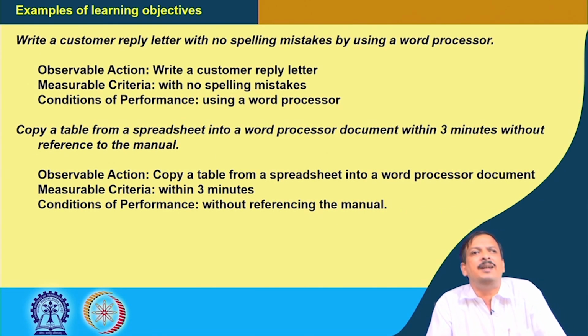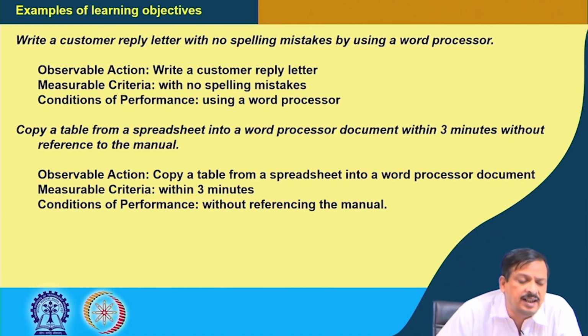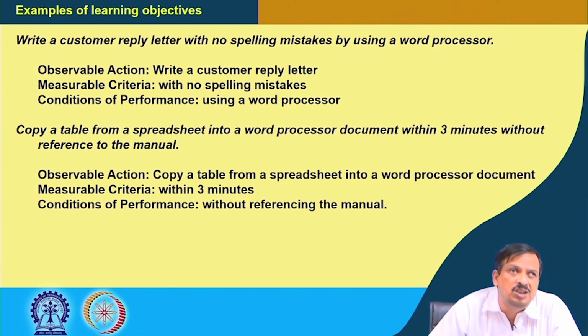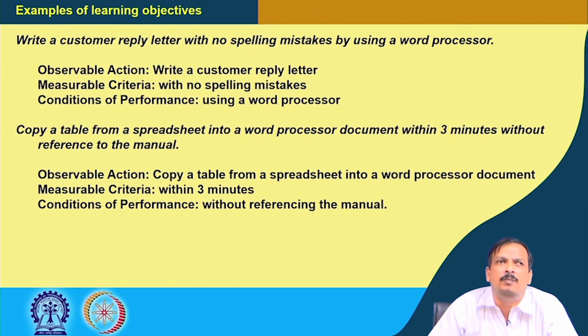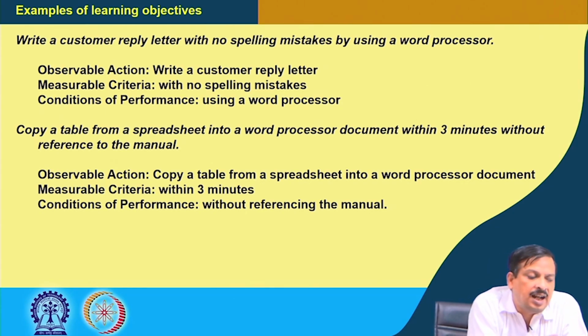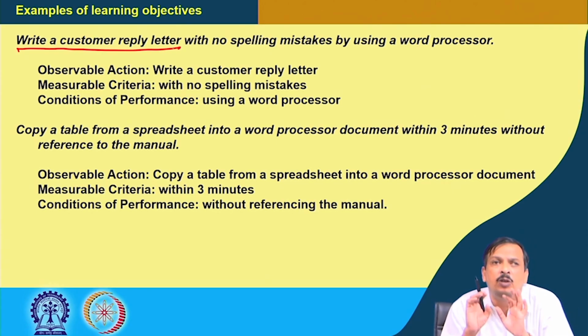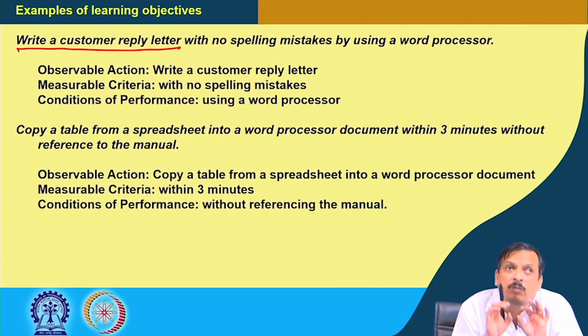Now, let us give an example. Suppose this is the example: write a customer reply letter with no spelling mistake using a word processor. This is my outcome. If I find the observable action, it is to write a customer reply letter, that a learner has to perform.